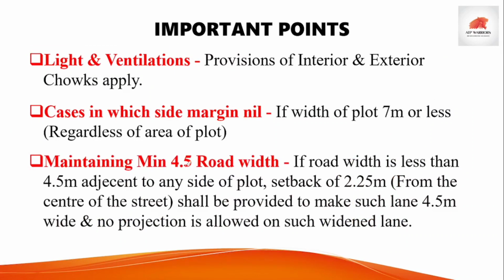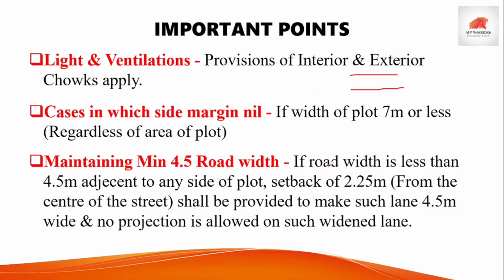So the next is maintaining a minimum 4.5 meter road width. See, previously we have seen the marginal distances for road widths of 4.5 meters, like the extra 1.50 and before that 2.25, those provisions.